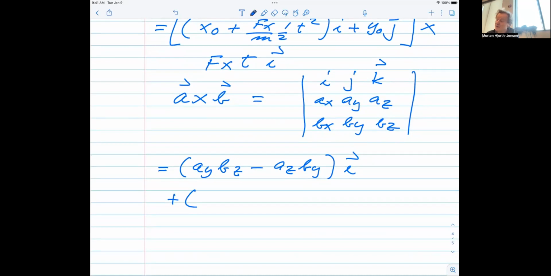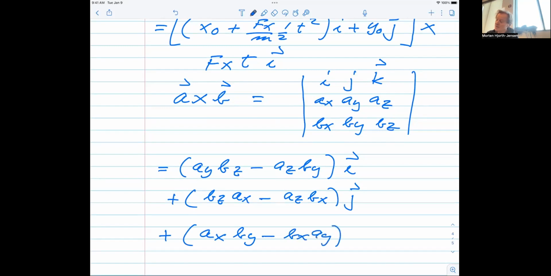So I would actually get bz times ax minus az times bx times j, and then it has plus here, and the final one is just ax times by minus bx times ay, and multiplied with k.